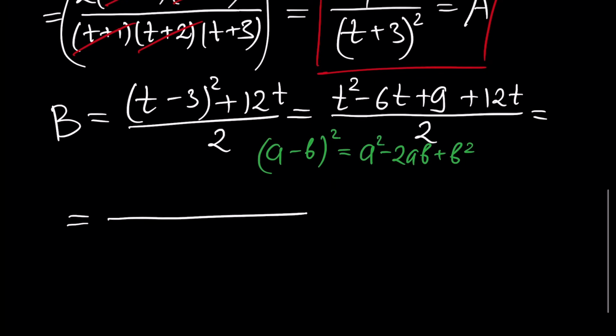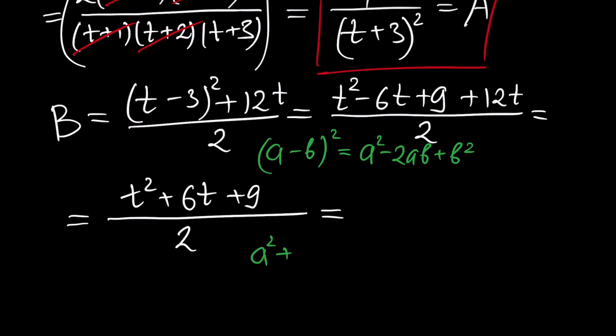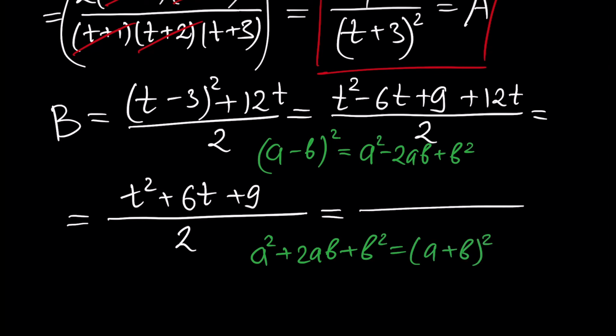It will give us t squared plus 6t plus 9 divided by 2. And now, using another formula, a squared plus 2ab plus b squared is equal to a plus b squared, we can rewrite it as t plus 3 squared, divided by 2. This is our B.